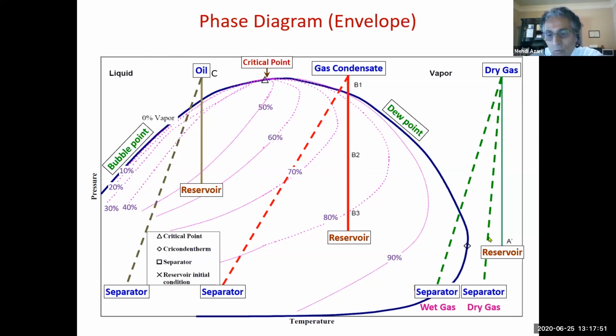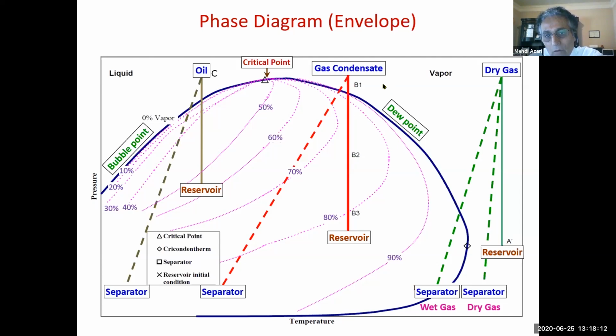And as you produce to the surface, go to the separator, it doesn't pass this dew point. So pressure and temperature is high, so we call it dry gas. But as it is coming to the surface, it might pass through some of these situations. That is called wet gas because it produces some liquid with it.